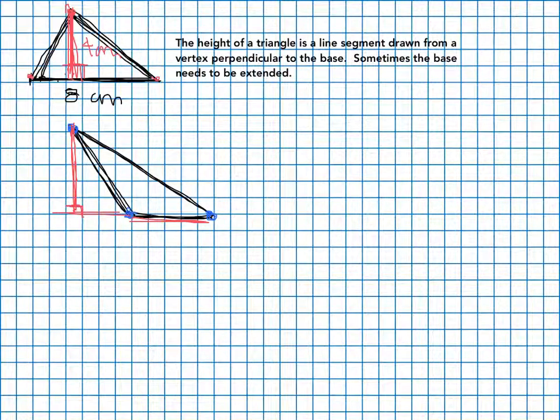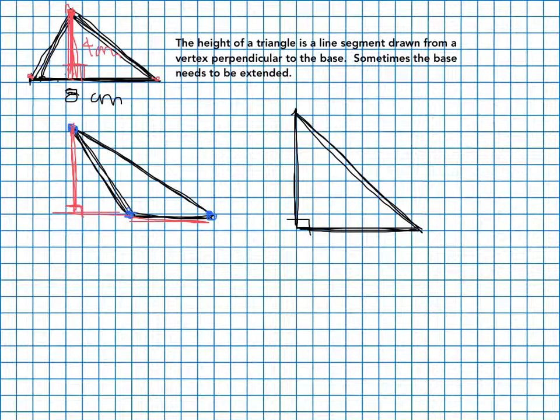Let's look at another example here. If I go from here, to here, and I go here, now when I look at this, boys and girls, I can think, which one of these is my base?